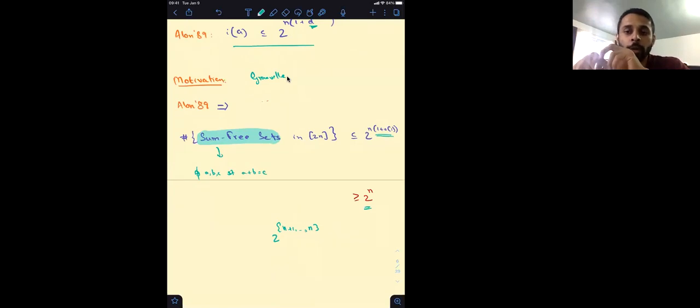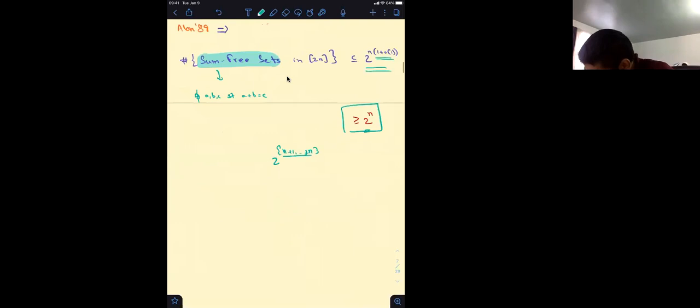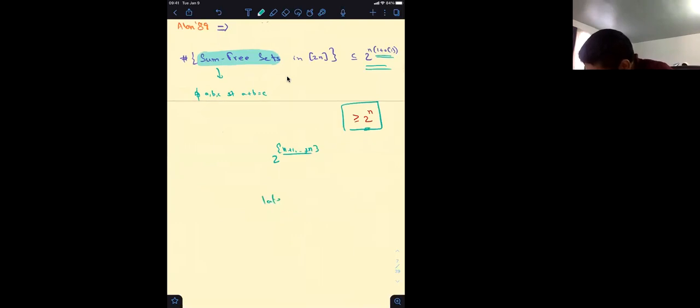If you pick a subset of the second half of the elements, obviously no 2 of them add up to the third one. Also, if you pick the subset of all odd numbers, then also no 2 numbers add up to the third one. So lower bounds of this nature are not very hard to show. The main point here is that it's an upper bound too, up to the log factor. Later on, this is work by Green and Sapozhenko.